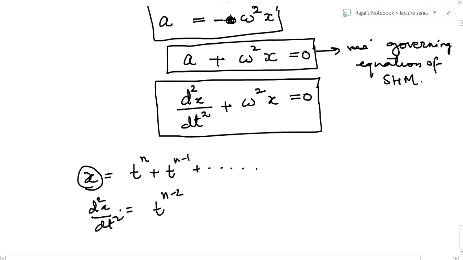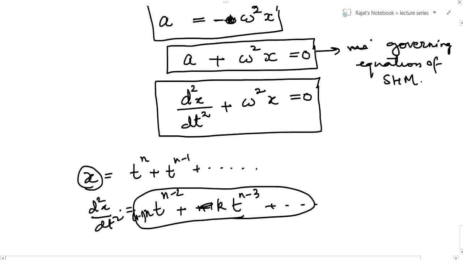Some constant will come here, similarly n into n minus 1, and similarly some constant t to the power n minus 3, and so on. Now can this equation add up with this equation and become 0? That is simply not possible, because the power of this term is greater than the power of the other. The sum can never be 0. So it cannot be a polynomial function.